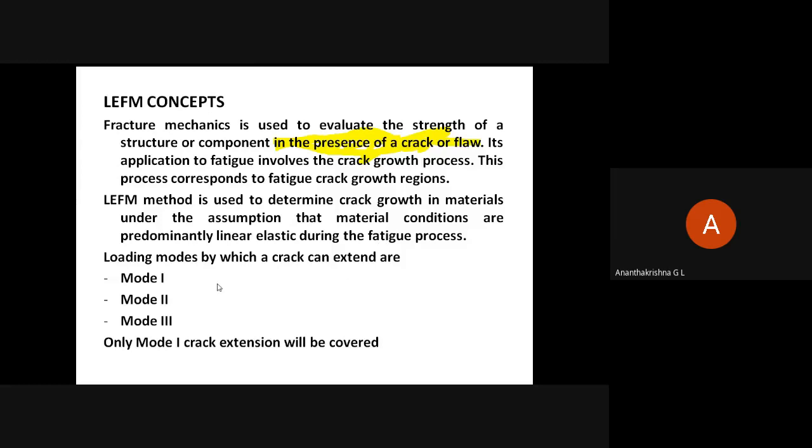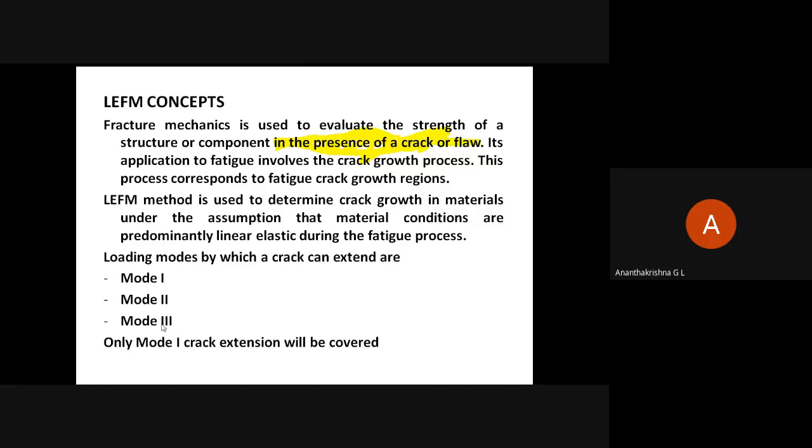And the loading modes by which a crack can extend, we just now learned: mode 1, mode 2, mode 3. So what is mode 1? Dhanush or Sukrut, what is mode 1? Pull the crack open in tension. Correct. What is mode 2? Shear the crack in plane.